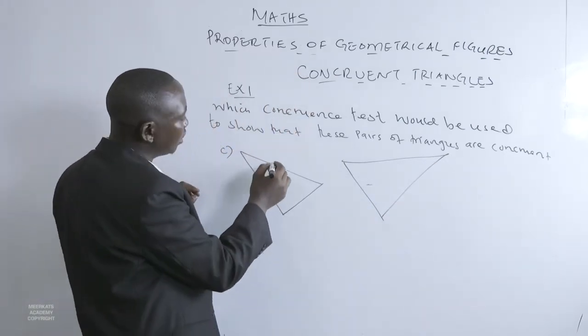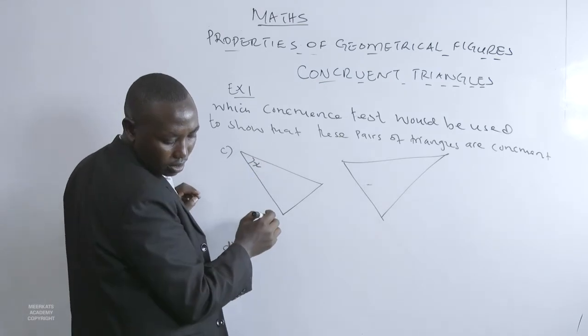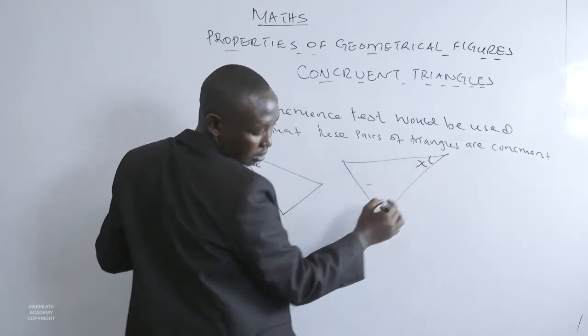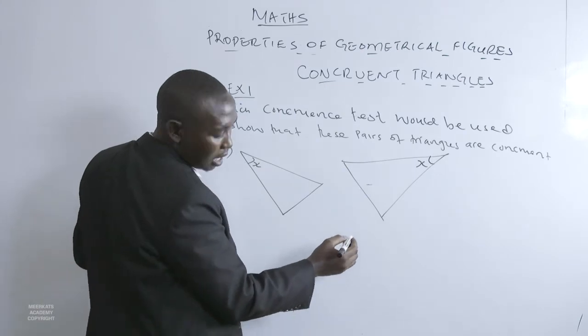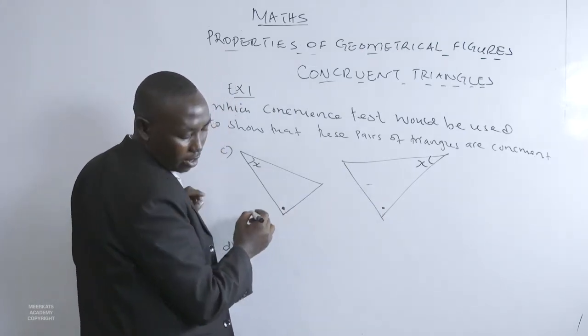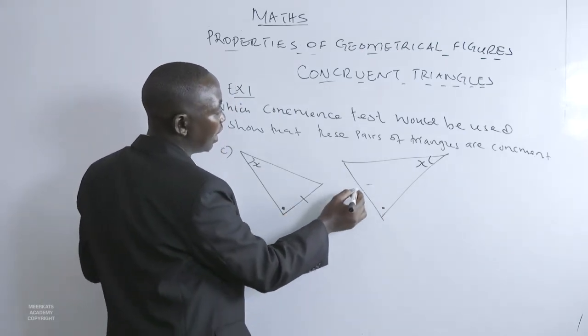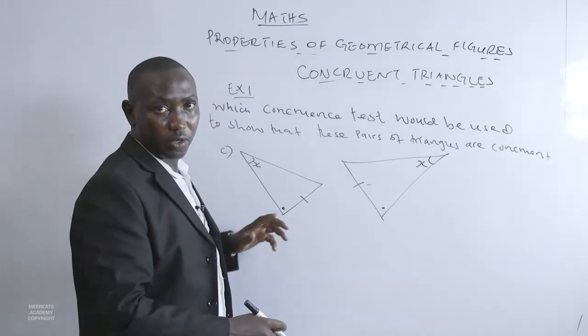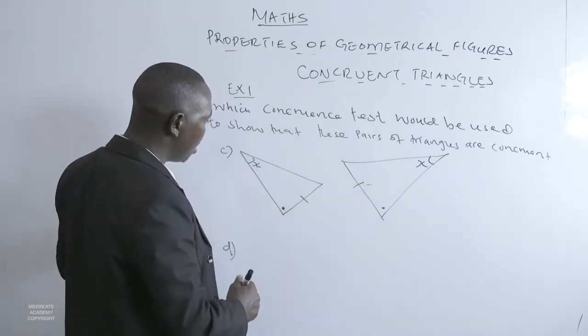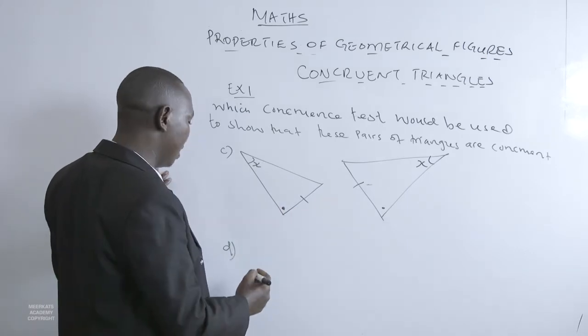And in this triangle, we are told that this is x. Also, this is x. And that this angle and this angle are equal. And that this side and this side are equal. So you can digest that one meanwhile, where we have got two angles and a side.